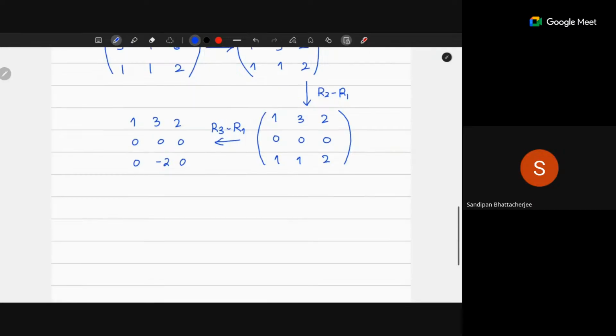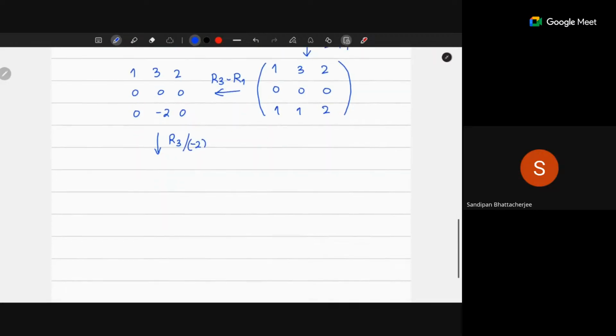And then what can we do? We can divide R3 by minus 2, right? So at the end, we get 1, 0. Okay. Now, how many pivots are there?